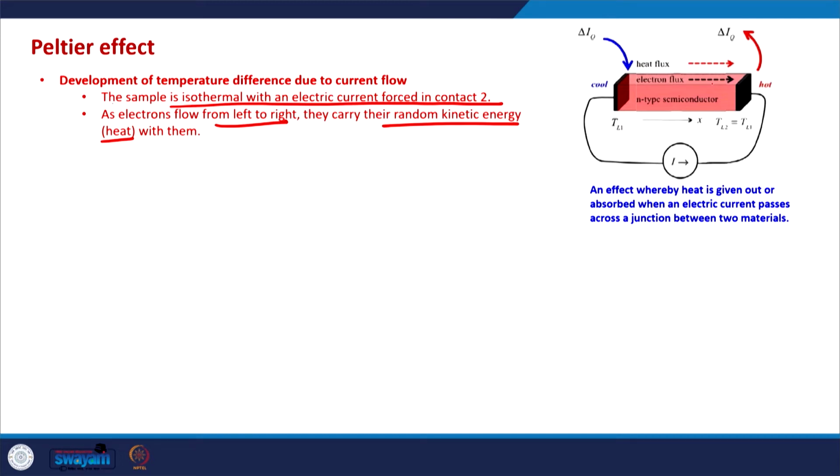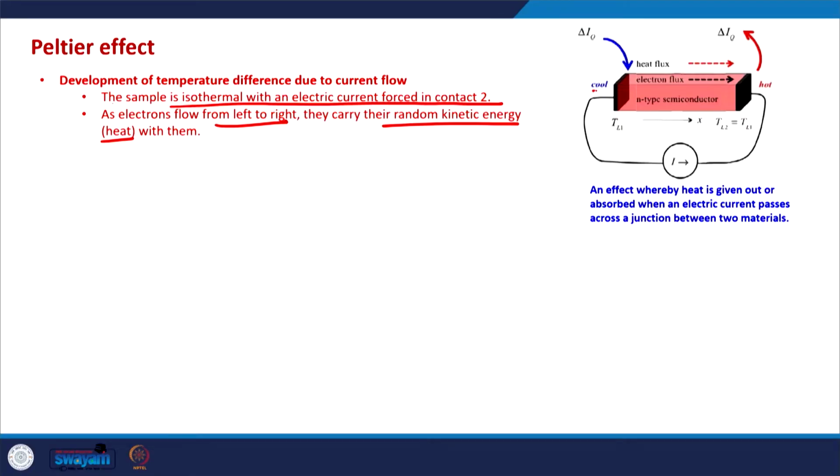What it means is that they absorb heat from the left contact and put it in the right contact. So, the left contact becomes cool and the right contact becomes hot, and that is how this temperature difference is created.